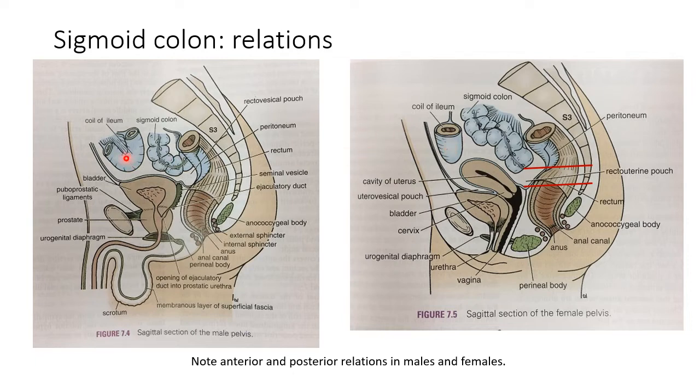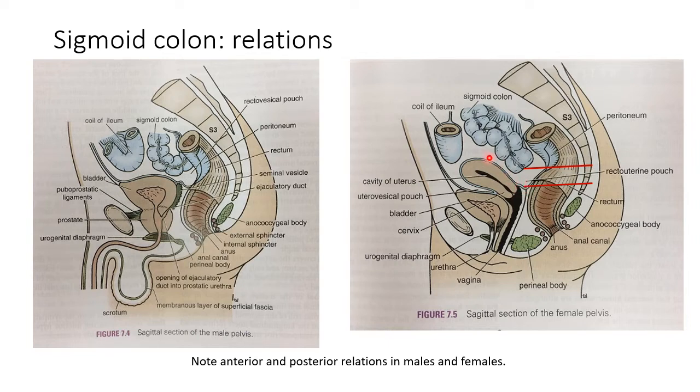So you find the coils of ileum anterior to the sigmoid colon in male and in female. The difference between male and female comes with relations to the other structures. In the male, it's the urinary bladder. In the female, it's the uterus and the upper part of the vagina, mostly the posterior fornix.